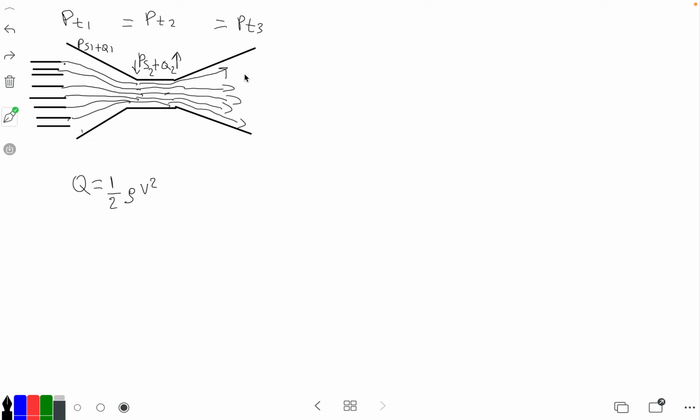And at this point, static pressure 3 goes up because dynamic pressure goes down.